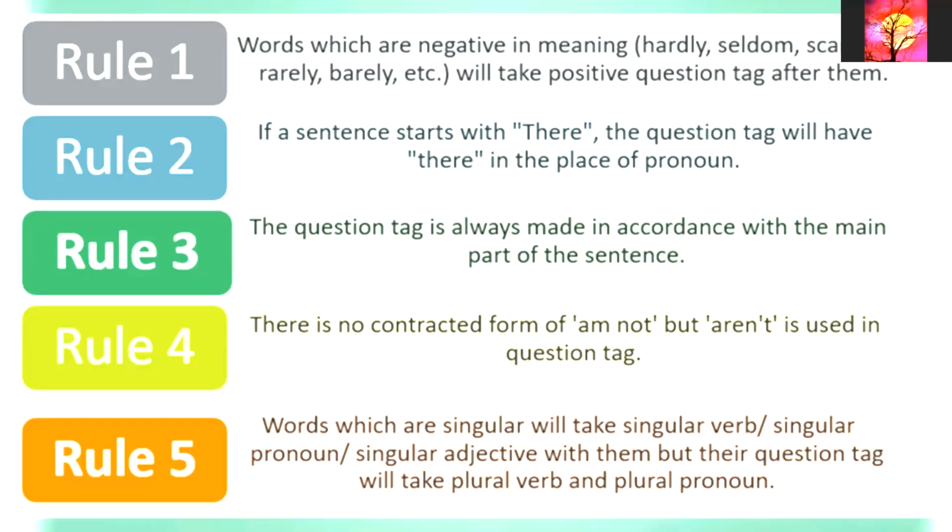Also, lastly, words which are singular will take a singular verb, singular pronoun and singular adjective with them. But their question tag will always be followed by a plural verb and plural pronoun.